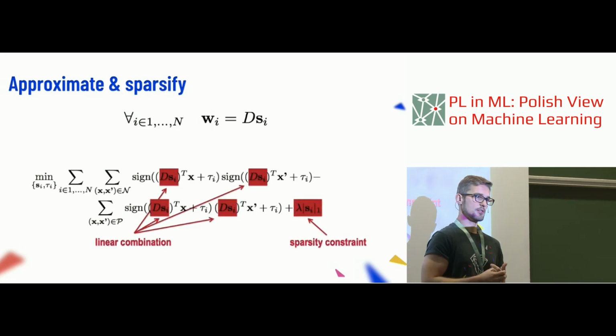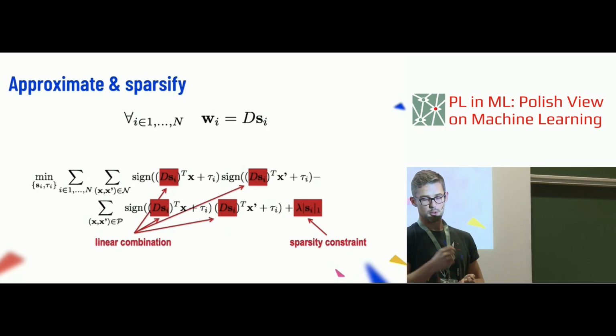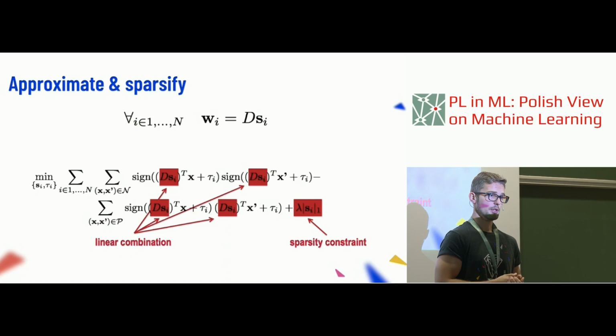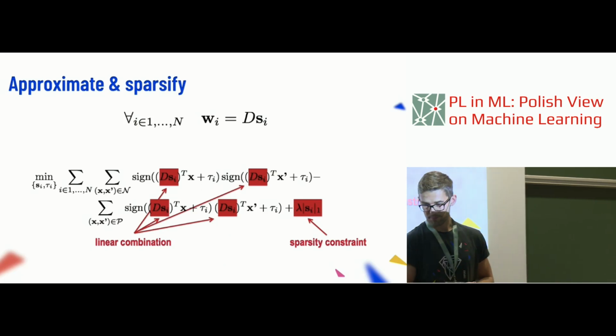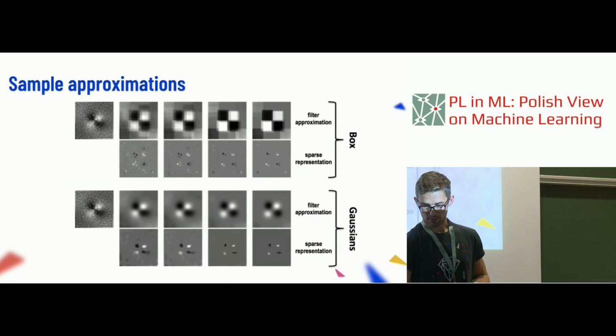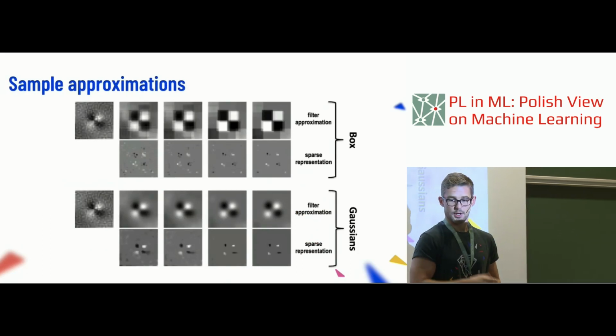This changes the objective function that you want to minimize. And on top of the approximation, you also add a sparsification constraint. The sparsification part of the objective function basically makes the number of elements of your dictionary that you use to approximate your projection as small as possible. This is the L1 norm put on the number of projections. So sample approximations that you get this way look more or less like that.